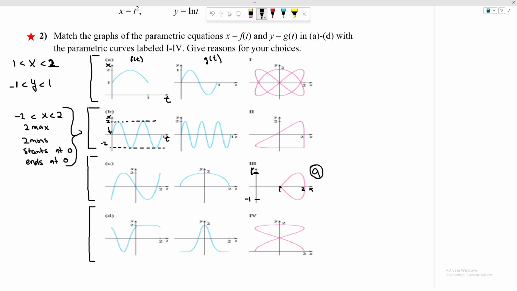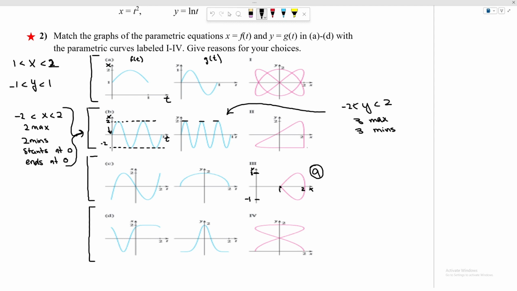This is for this here. Okay? And I'll write on this side since I'm running out of space here. Okay, so my y is between negative 2 and 2. And it's the same thing. It starts at 0, ends at 0. However, it has 3 max. That's my max. And has 3 mins.